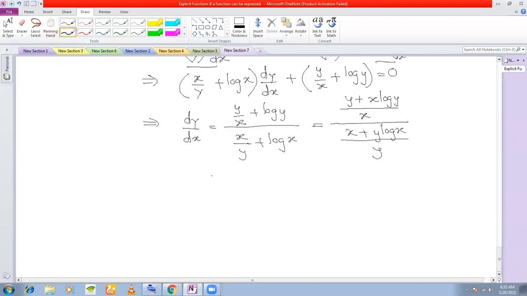So that means what will it become? This will become y into (y plus x log y) divided by x into (x plus y log x), and that is the value of dy/dx.